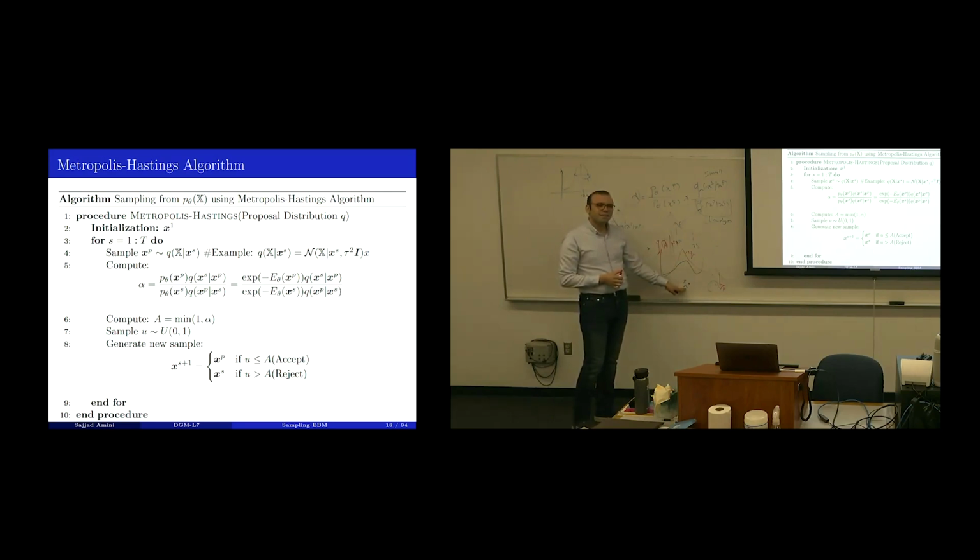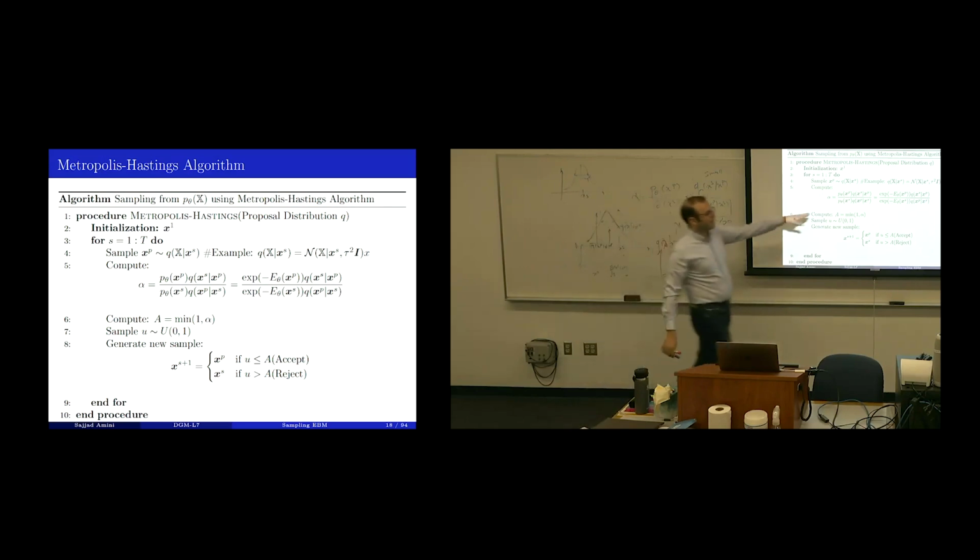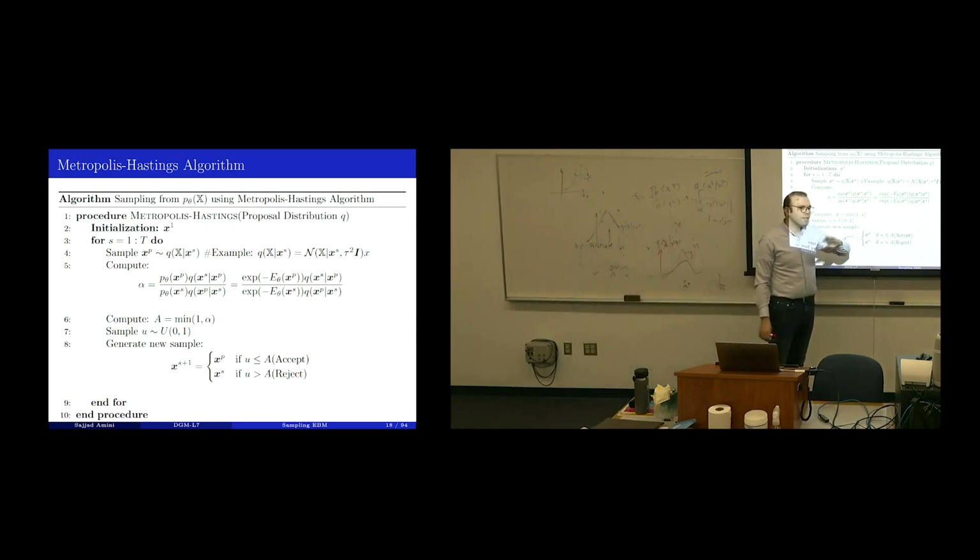Does it make sense? But if you just look at your unnormalized distribution, you will accept it. Why? Because it is higher probability. Do you see? But when you correct it, you will not accept it. The probability of acceptance will be reduced.